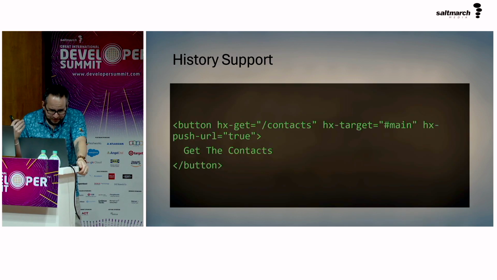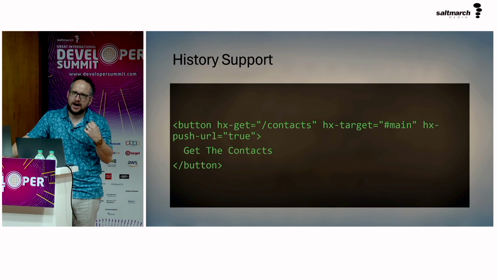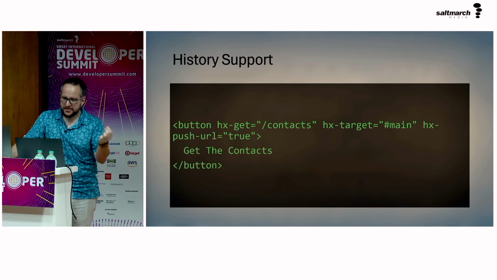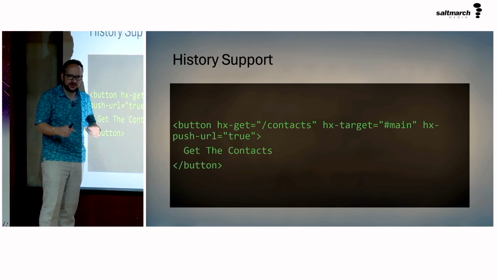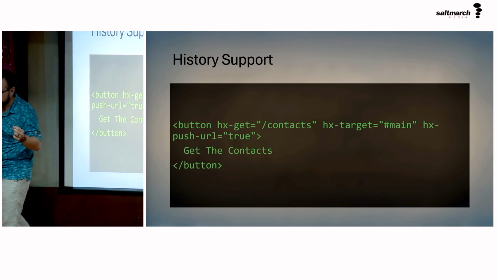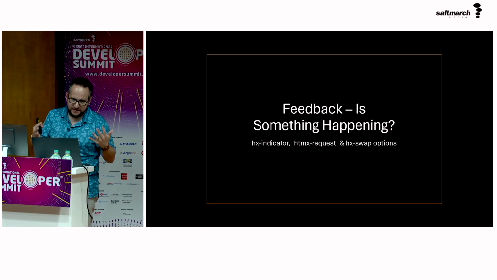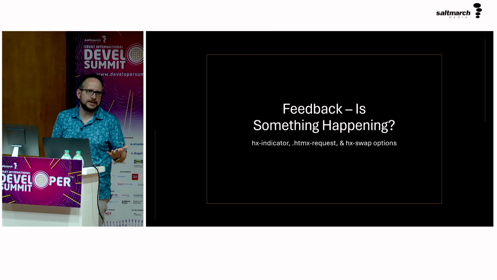And one other thing that we can do in these examples, because I'm doing that kind of partial replacement, the last thing that I can do in here is the Ajax push URL equals true, which will update your history, the URL location, things like that. And it kind of goes back to the feedback, that loading is a journey thing. One of the first things is something happening?